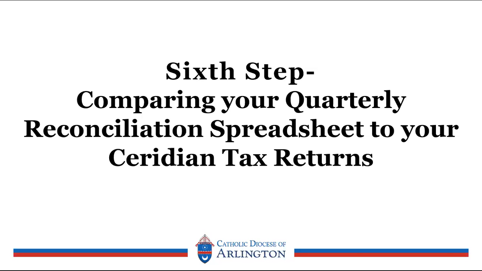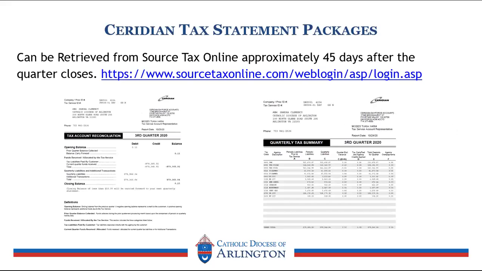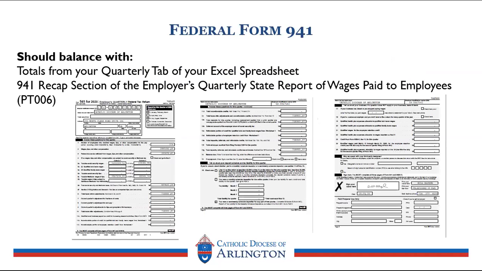The sixth and final step to the reconciliation process is to compare your quarterly reconciliation spreadsheets to your Ceridian tax returns. Your Ceridian tax statement returns can be retrieved from Source Tax Online approximately 45 days after the end of the quarter. From your Ceridian quarterly tax statements, balance your federal Form 941 totals with the corresponding quarterly tab.